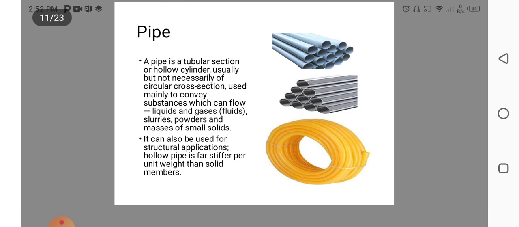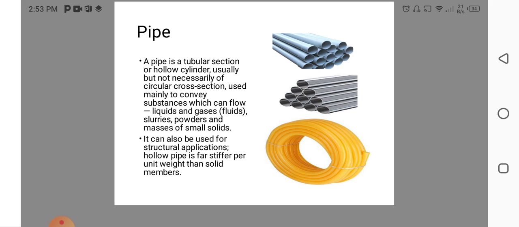Now I'll be talking about pipes. Many of us are familiar with pipes in our residential or other buildings. We have already seen, and daily we use, pipes of different sizes.